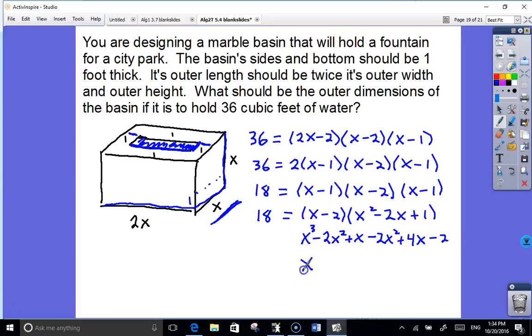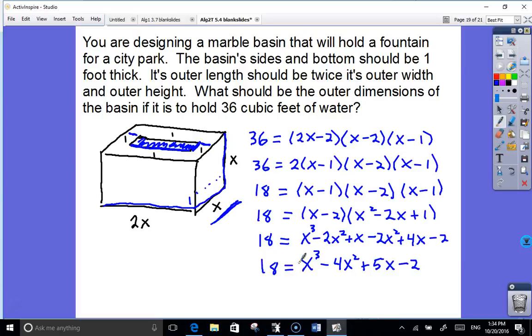So that is x to the third minus 4x squared plus 1x plus 4x, that's plus 5x, minus 2 equals 18. Okay, not quite there yet.